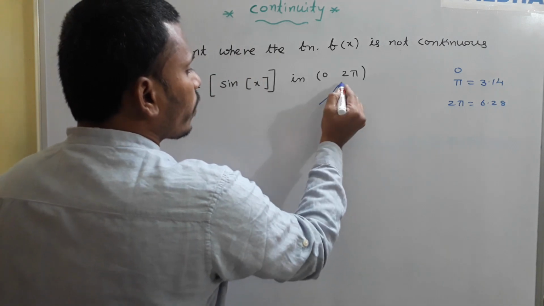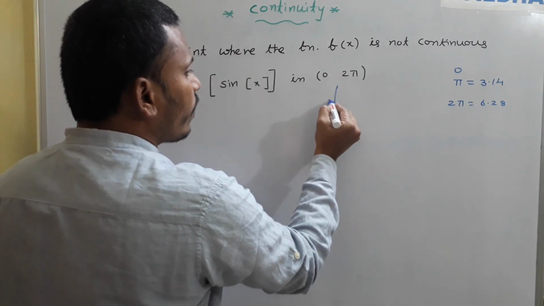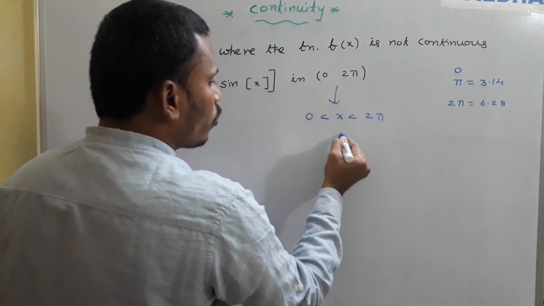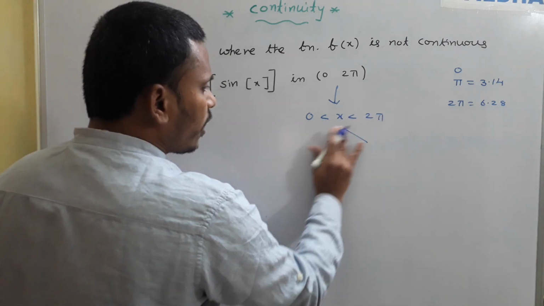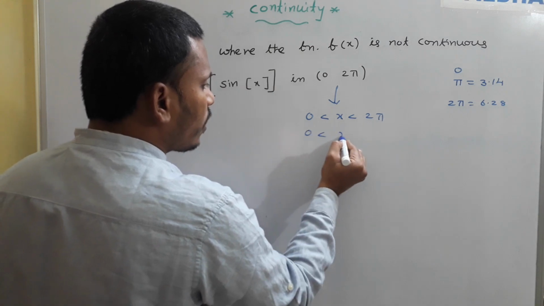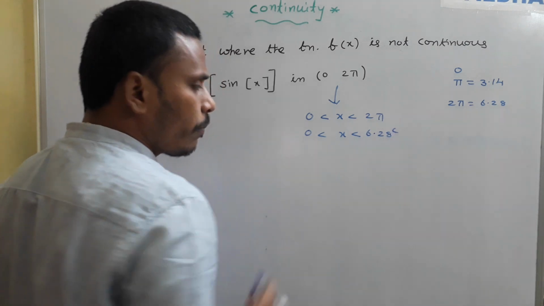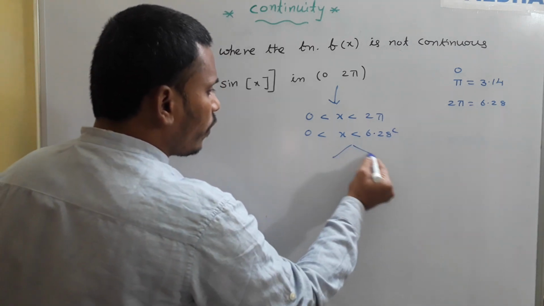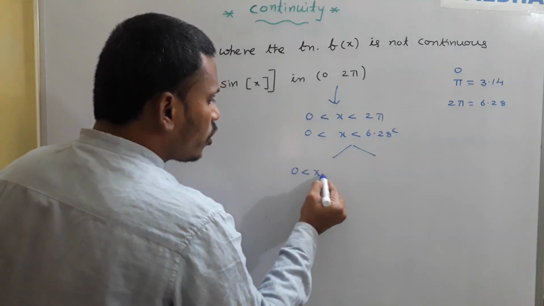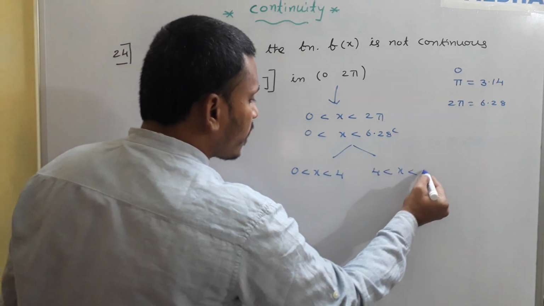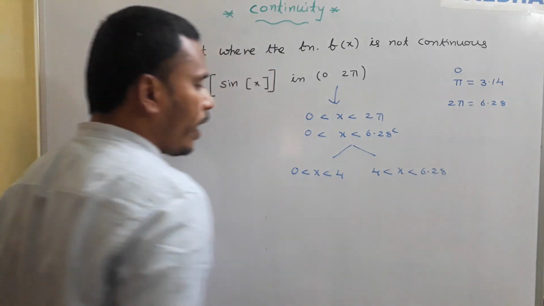You just split from this. One thing is very clear, the values of x are 0 < x < 2π, that is, between 0 and 6.28 radians. You just split it in such a way: 0 < x < 4 and 4 < x < 6.28.